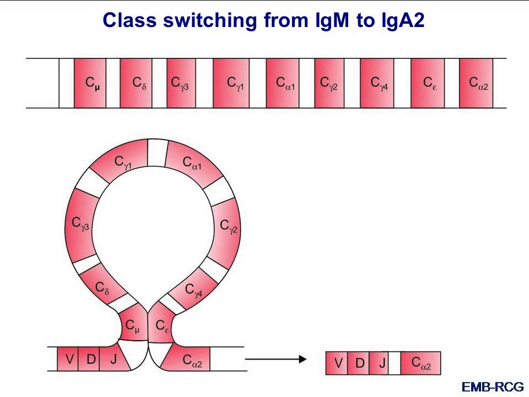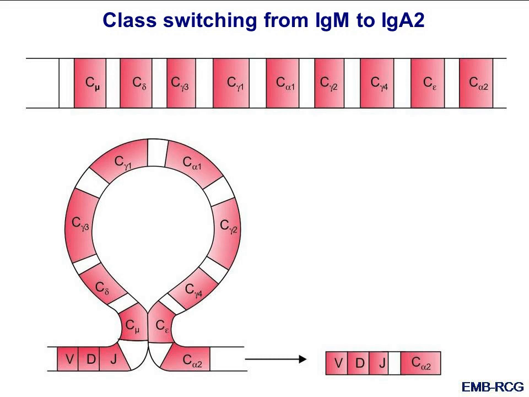It is followed by delta, then gamma 3, gamma 1, alpha 1, gamma 2, gamma 4, epsilon, and alpha 2. So the VDJ complex, which is already present in the gene, is normally followed by C mu and is transcribed along with C mu. So the antibody to be formed is IgM.